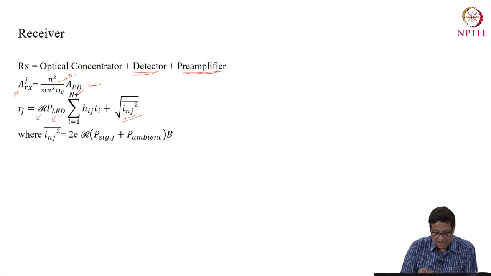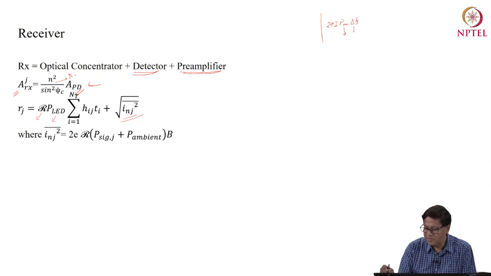And this particular noise can be represented. Remember when we were discussing the photodiode, the noise was coming as 2EI into P_in and the bandwidth. This was the input power, this was the bandwidth, and the current generated, and E was the charge.